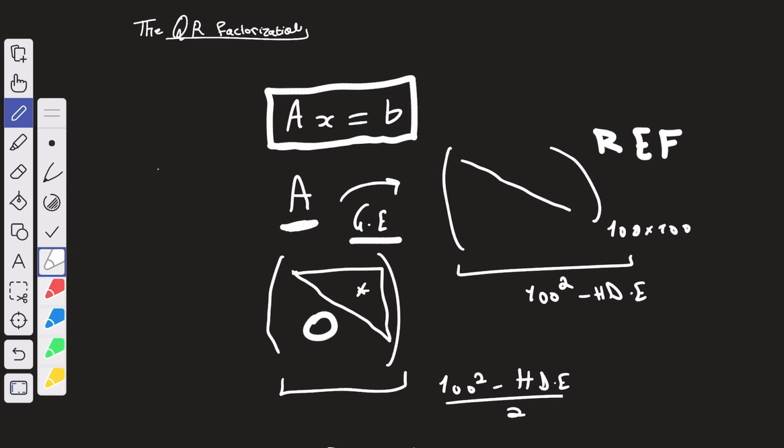If you apply Gaussian elimination to that, you will only have to zero out the entries above the diagonal, which means you will have to zero out half that number of entries.